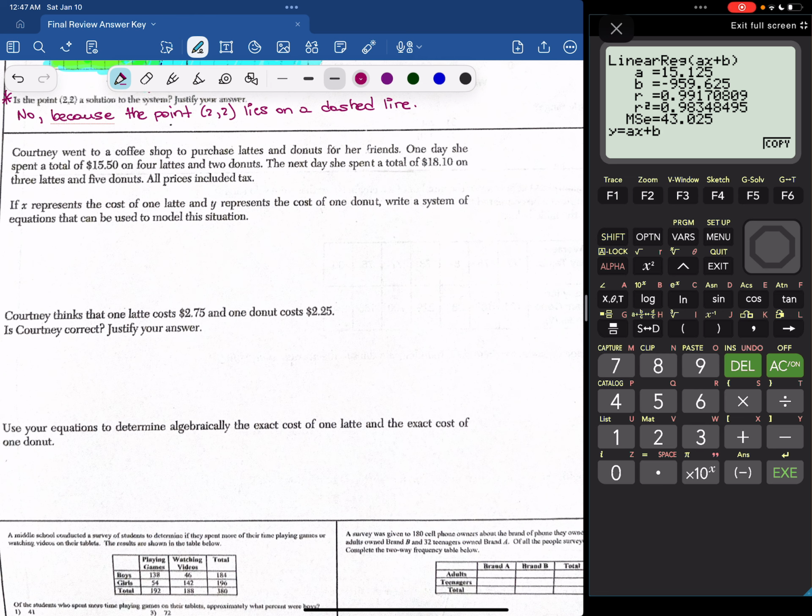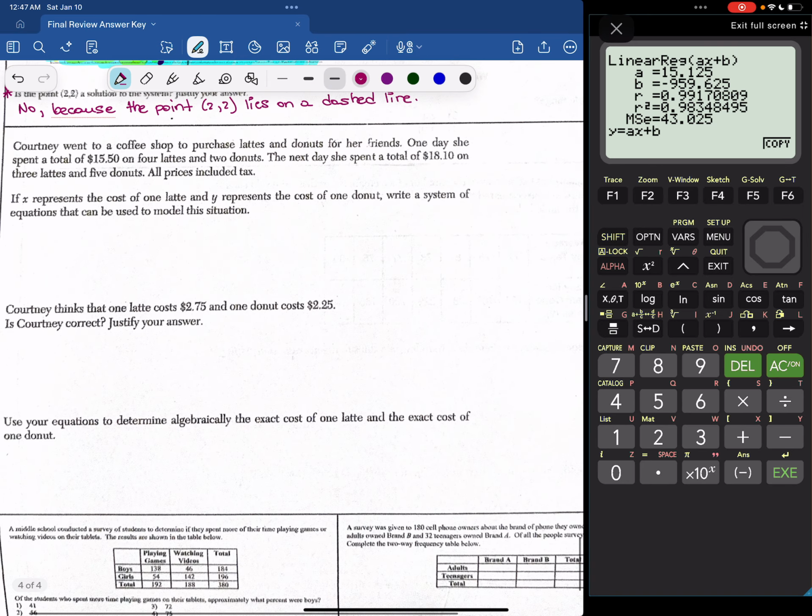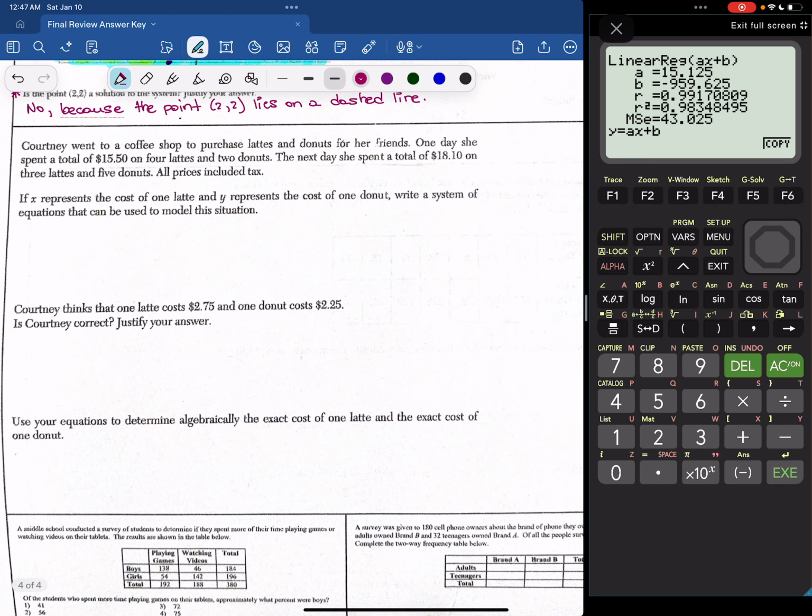So if X is the cost of one latte and Y is the cost of one donut, we want to use that to write the equation for what Courtney purchased. In this first line, she spent a total of $15.50 on 4 lattes and 2 donuts. So this part is going to help us write our first equation.